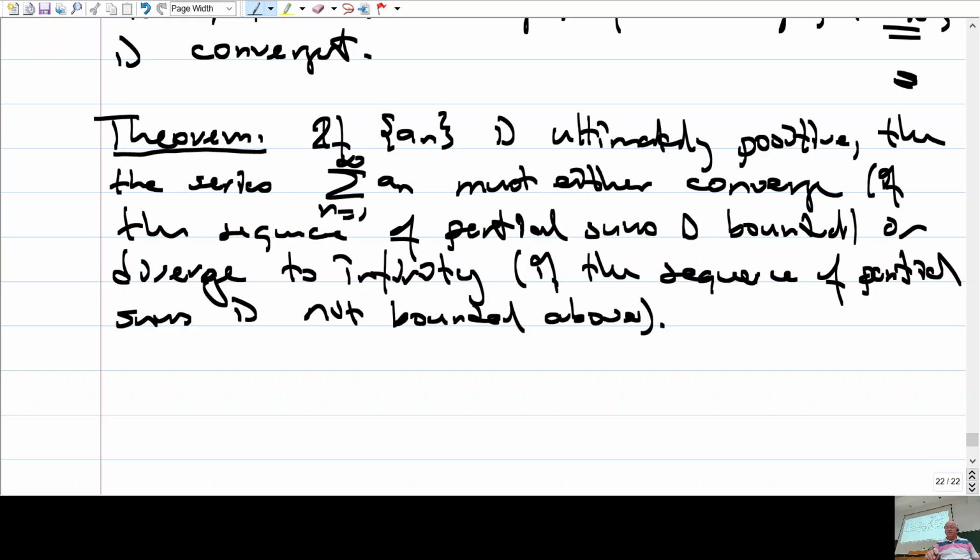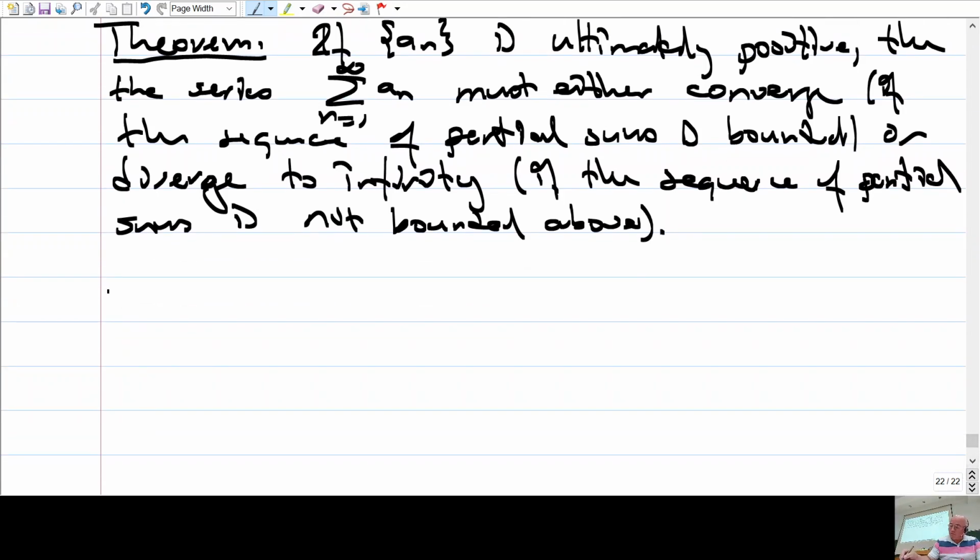So let's see what this is telling us. We have an ultimately positive sequence, which means that after some point on, all the terms of this sequence are positive. So Sn is something like this. I have some terms.